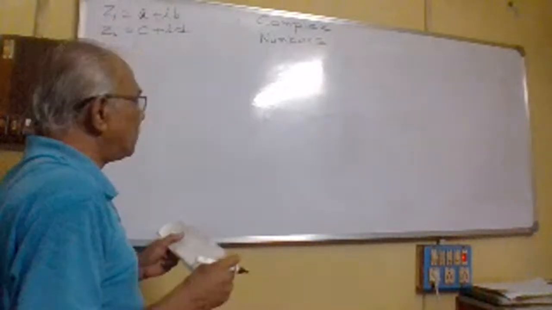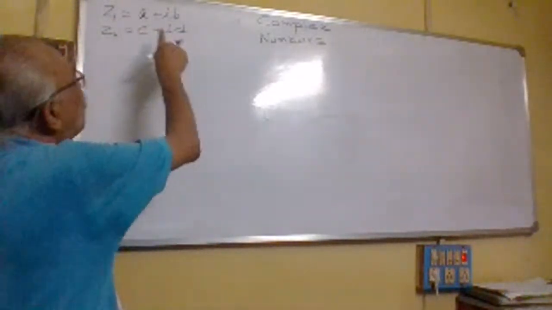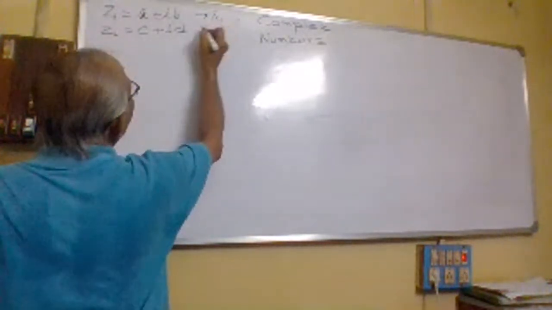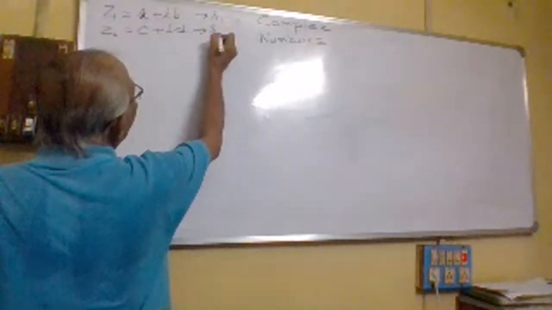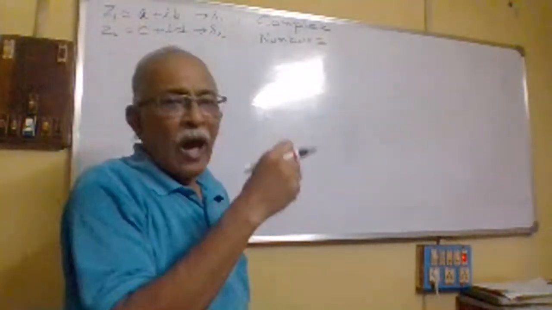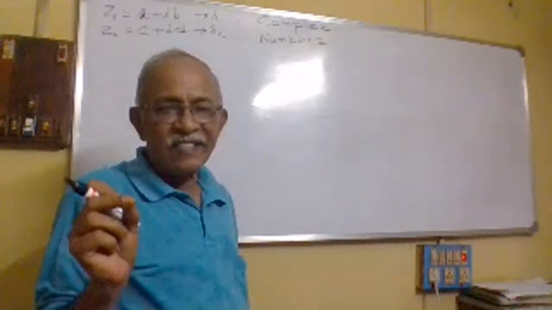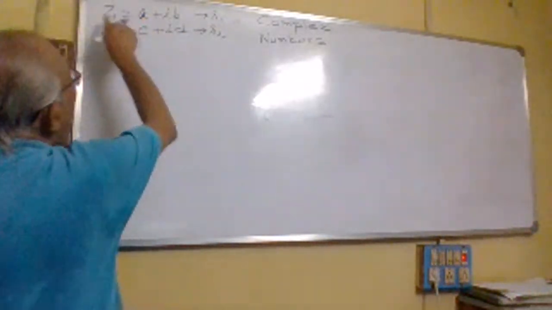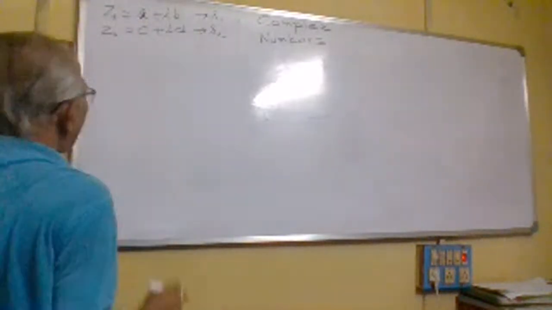Then, as I have shown you, the modulus of Z1 is r1 and the modulus of Z2 is r2. If we are writing in this form, r into cos theta plus i sin theta, then r is known as the modulus. So let us assume their moduli are r1 and r2.